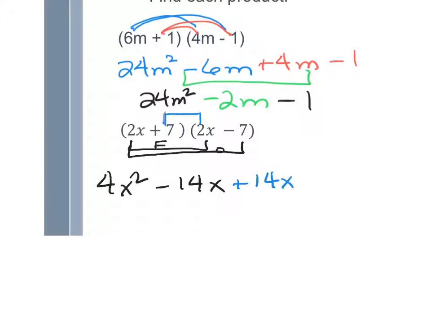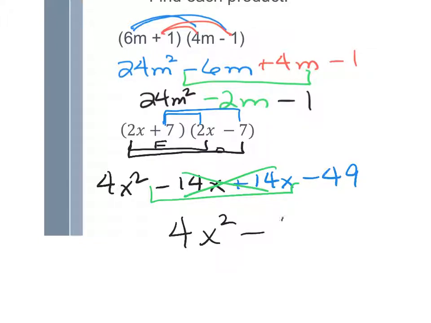And then finally, the two lasts is negative 49. Notice when I go to group my middle terms, negative 14 plus 14, they're gone. It's 0. So my final answer here is 4x squared minus 49.